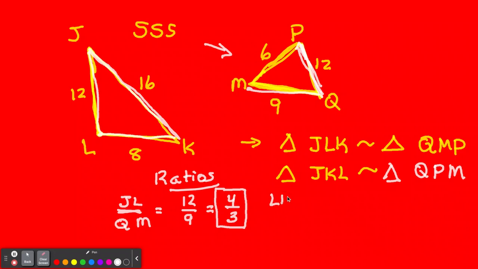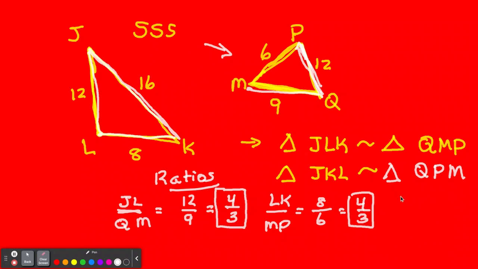I'll use LK over MP. LK is the smallest one going to the larger, and MP is the smaller one going to the larger. And that ratio is 8 to 6, which, by the way, is also 4 to 3. So far we're good. We have 2. We just need one more side.